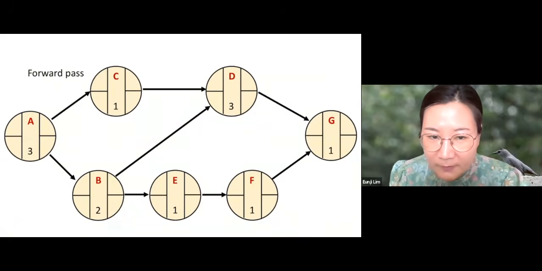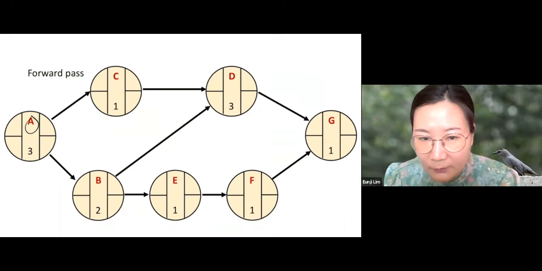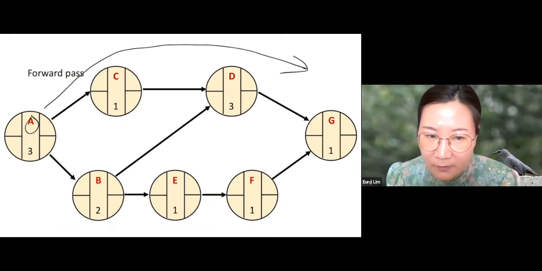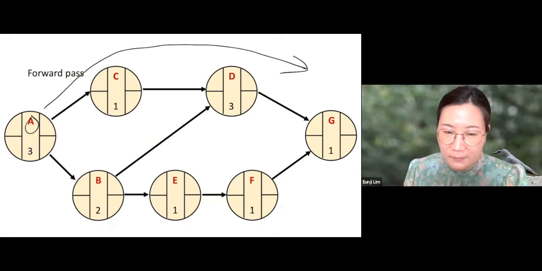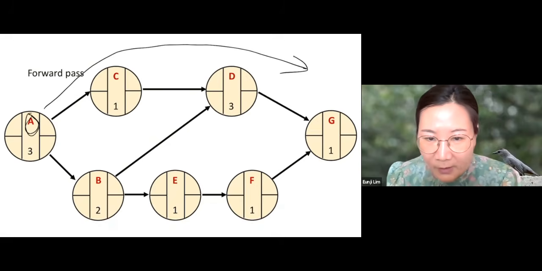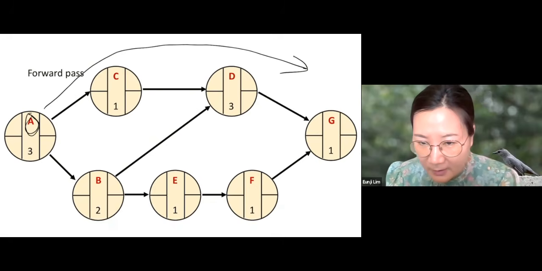So how can we fill out these circles? First of all, we're going to start from here, and then we're going to move forward and fill out the upper parts. In other words, we're going to compute the earliest start time and the earliest finish time of all these activities. So let's start from activity A. When is the earliest start time of A?